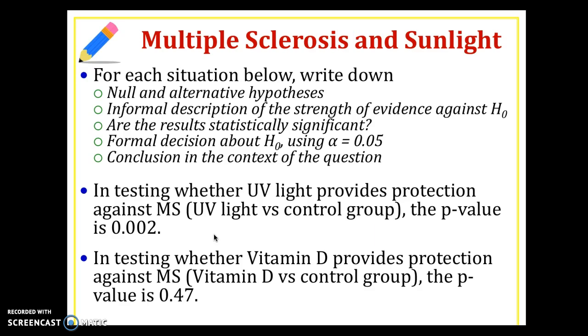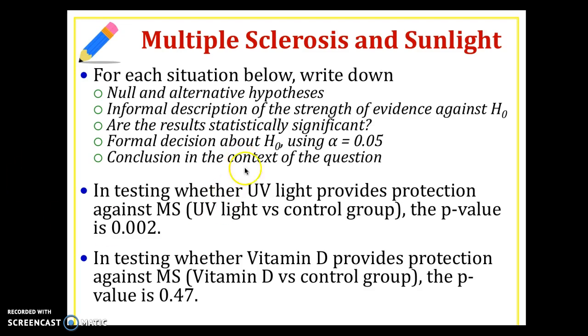All right, for each situation, we're going to write down the null and alternative hypotheses, an informal description of the strength of evidence against the null hypothesis, whether the results are statistically significant, a formal decision about the null hypothesis using a significance level of 5%, and a conclusion in the context of the question.